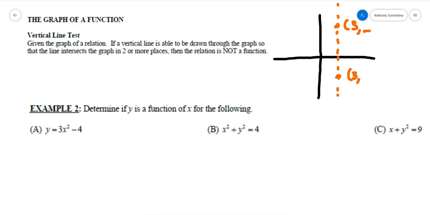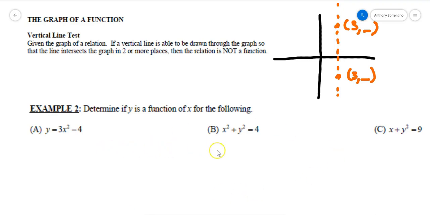This number here is clearly different than this number here because one's positive and one's negative. That means I would have the input value of 3 producing at least 2 different output values. So that would mean that it's not a function in that kind of case. So that's why we use that vertical line test.